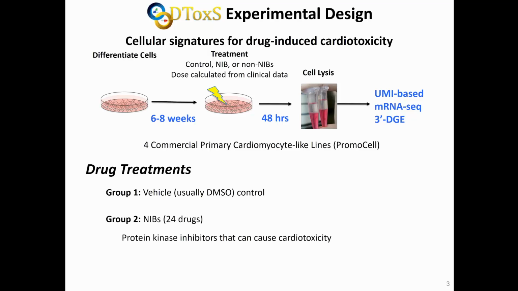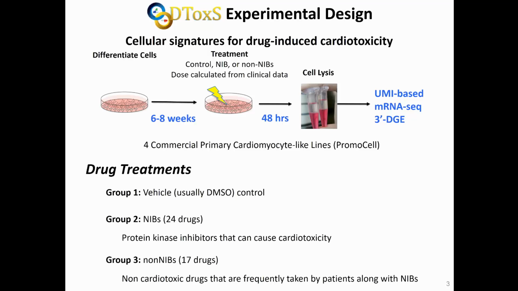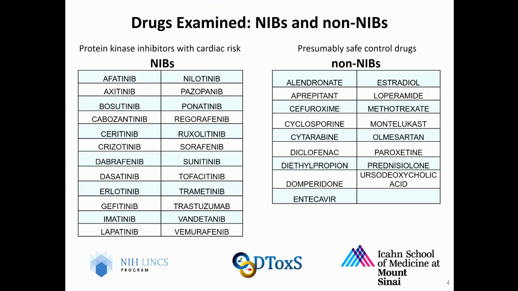So basically, as I said, the drug treatments are the control, which is just the DMSO, the actual kinase inhibitors, the nibs, and a set of control drugs which are supposed to be non-cardiotoxic, which are frequently taken by patients along with the nibs. So this is the list of the drugs that were examined. On the left, you see the nibs, they almost all end in nib except for this monoclonal antibody, which is a mAb.